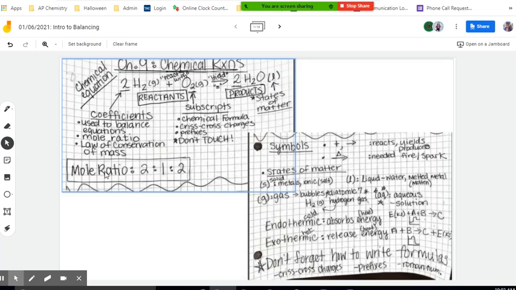So I recommend it. Anyway, what we see on this first slide right here is basically what has been covered for the last couple days. The parts of your equation: we have our reactants, we have our products. It's going to be important to always be able to find this yield sign right here because this yield sign is kind of like your equal sign.